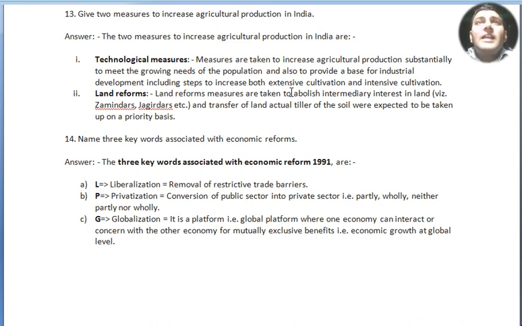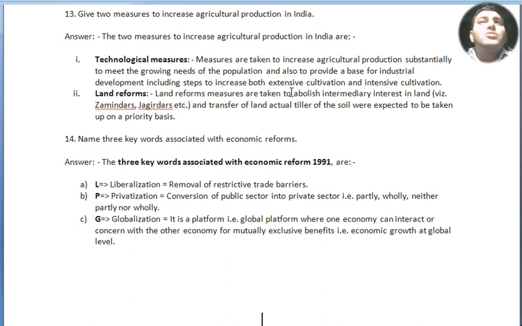Land reforms. Land reform measures are taken to abolish intermediary interests in land, namely zamindars, jagirdars, etc., and transfer of land to the actual tiller of the soil were expected to be taken up on a priority basis.